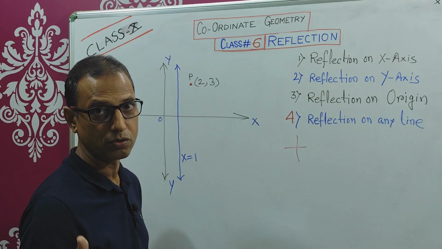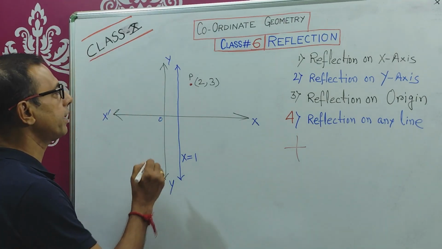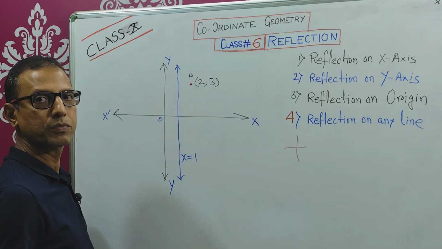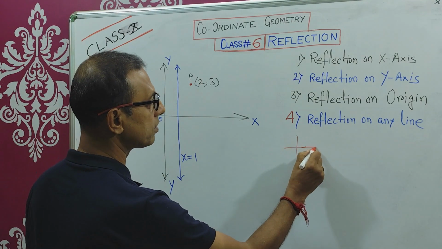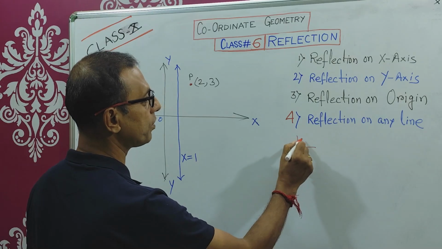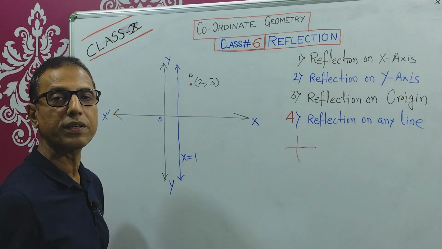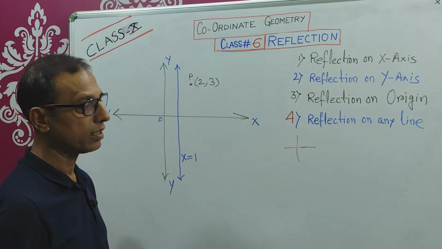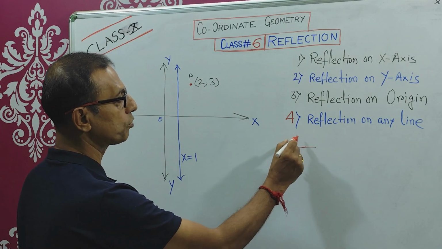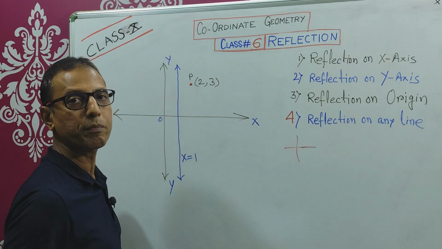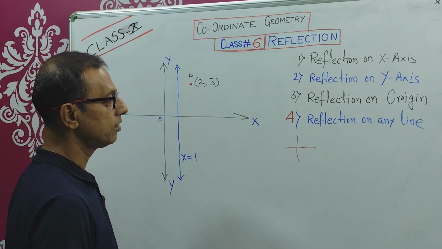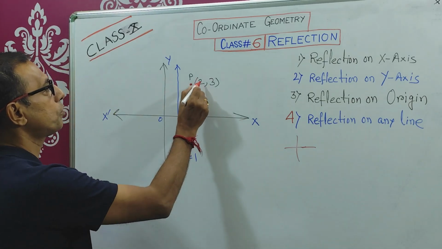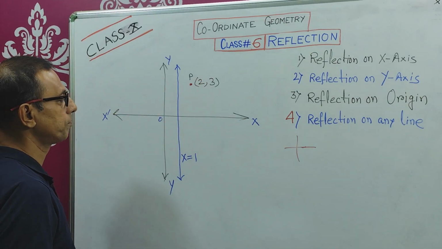So (2, 3) means it is in the first quadrant, and you can understand in which quadrant the point and the image will be. To avoid any mistake, you should at least draw a rough graph.